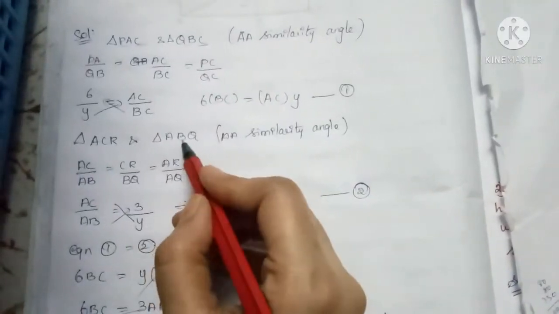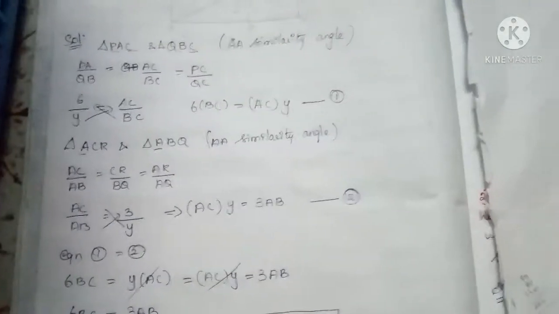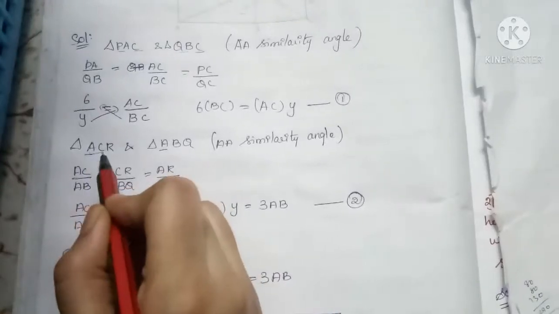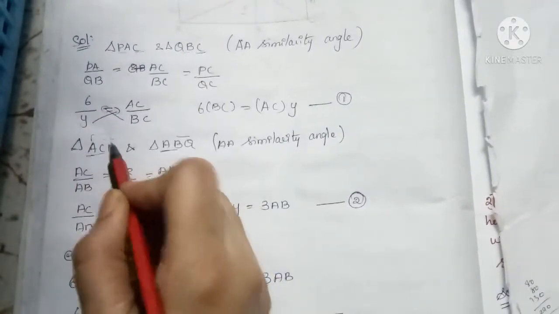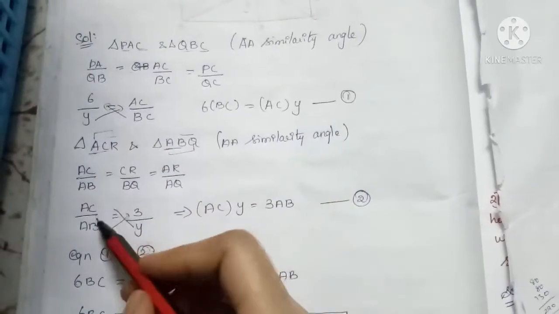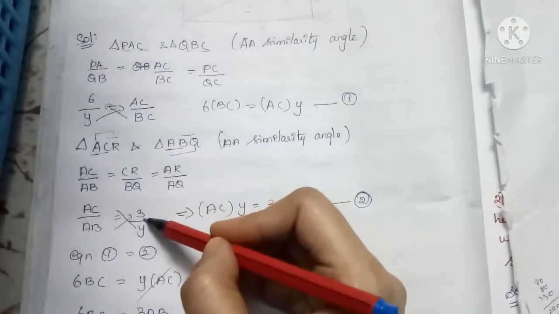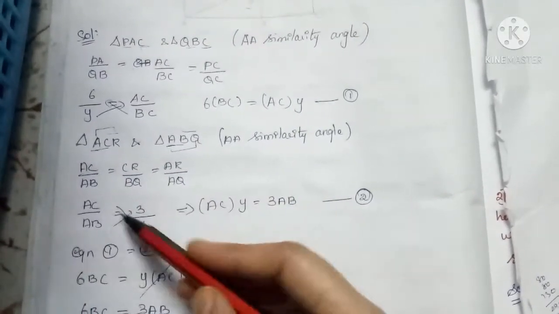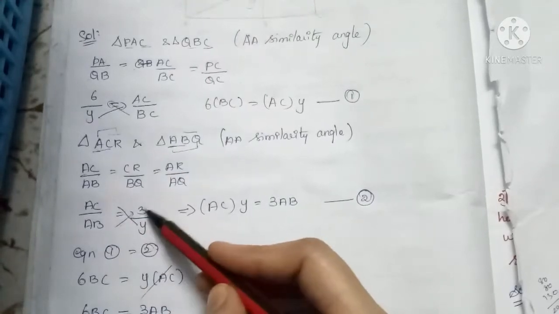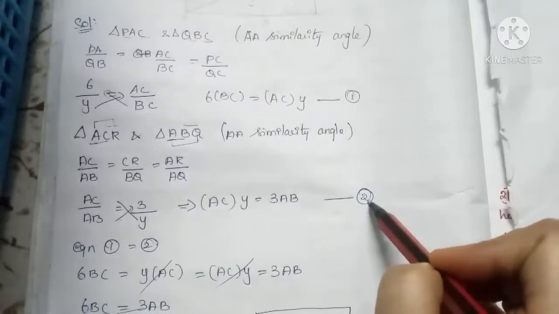Now here angle A is common, so we can take the similarity angle: AC by AB, CR by BQ and AR by AQ. Here AC by AB is equal to the value of CR, 3, divided by BQ, whose value is Y. Do the cross multiplication: AC into Y is equal to 3 into AB. Make it as equation 2.